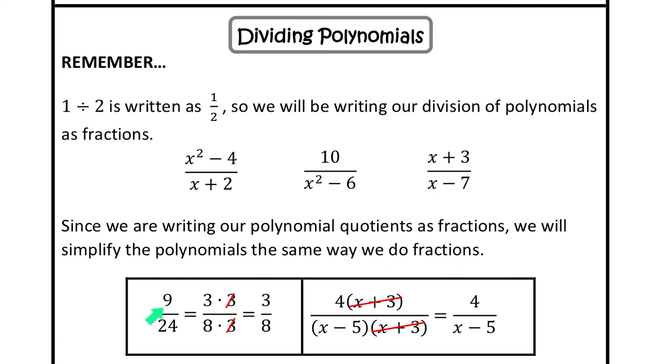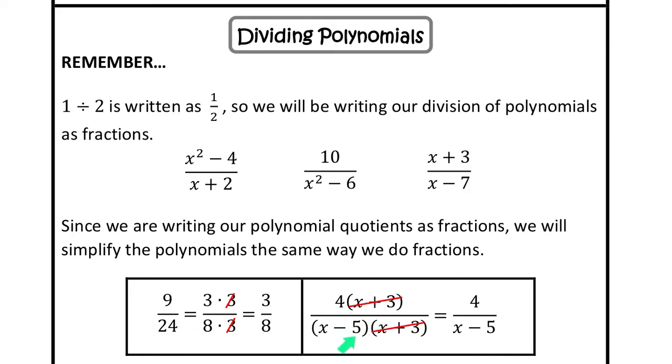You remember when we were asked to reduce fractions, you look for a number that can divide both. These are both divisible by 3. So 9 is 3 times 3, and 24 is 8 times 3. So these 3's cancel, leaving you with 3 over 8. So this is reducing the fraction.